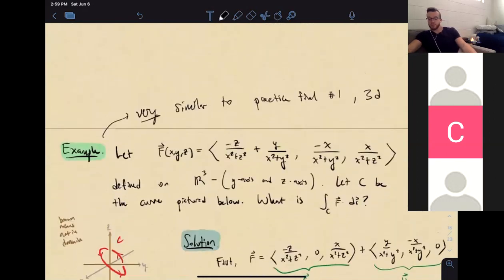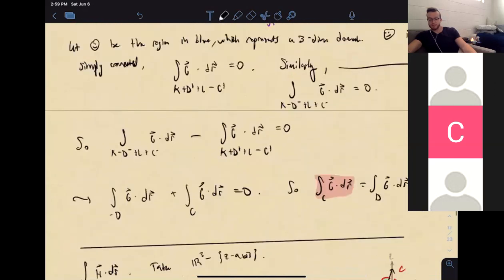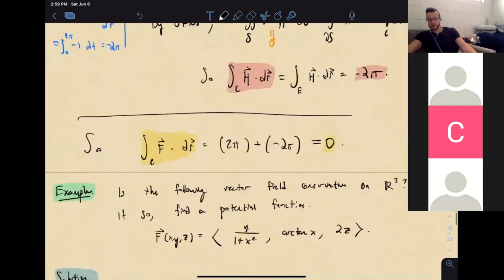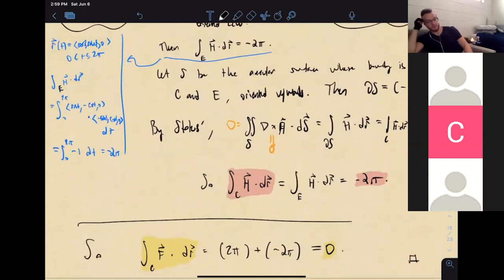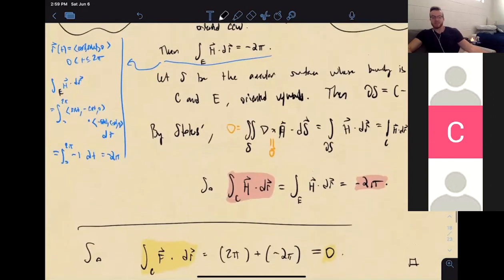Yeah, I definitely prefer the Stokes theorem argument. I think it's much cleaner, which is why I was ranting last night about how you never have to do curve arithmetic ever again if you don't want to. Or you never have to do surface arithmetic ever again if you don't want to, because the divergence theorem just subsumes that. When I brought up that you could do Stokes theorem at the end of class on Friday, he was like, yeah, you could do that, but you'd have to describe a weird surface.